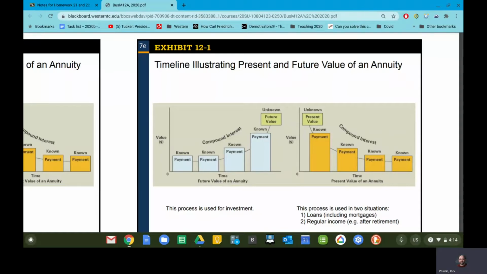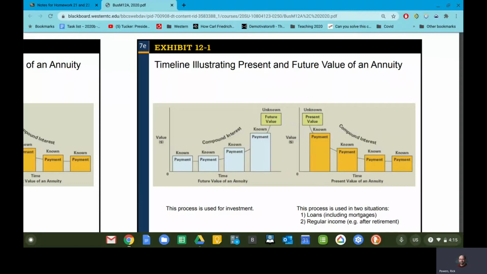It's the same process, except you're getting money instead of paying money for a mortgage or a loan. So then, in each of these situations, you have to pay attention to what the actual situation is.